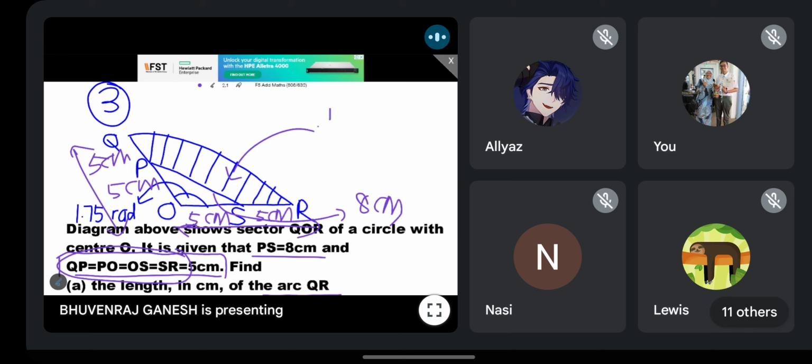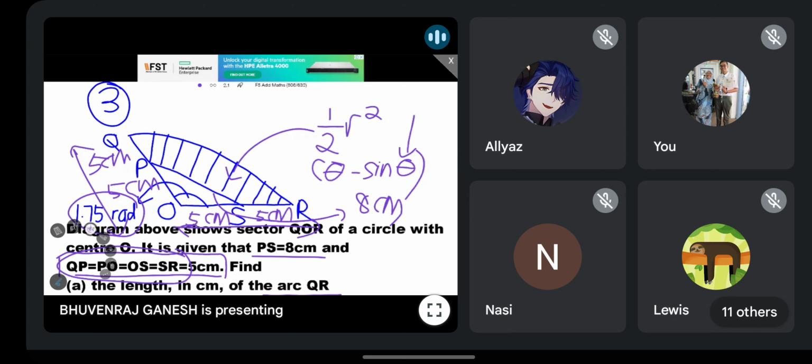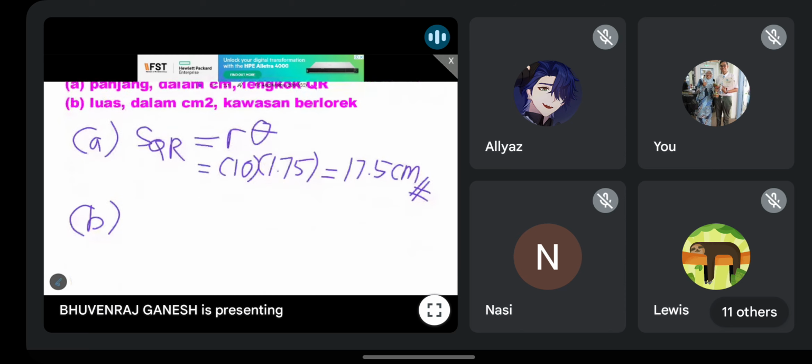Okay, so basically the rumus should be half R square. Yes, very good. Always ingat rumus ni. Rumus ni sangat berguna bagi kamu. Okay, so remember 1.75 radian. Untuk yang ni, tak boleh masukkan 1.75. Convert to degree dulu. Okay, so then kamu tekan calculator sahaja.